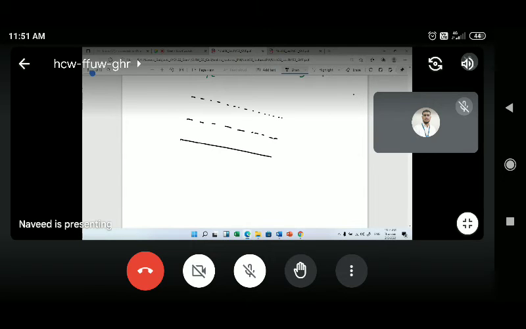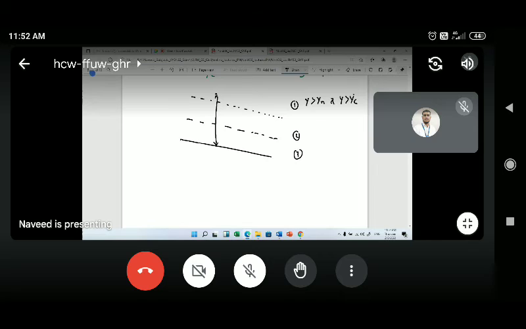So for the different slopes, here the condition for M1, M2 and M3: the first is zone 1, that is y is greater than yn, and also y is greater than yc.